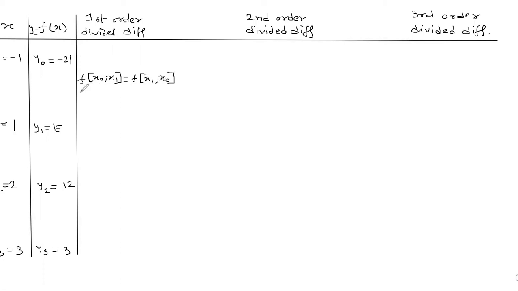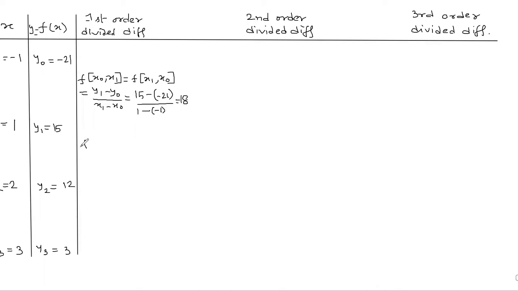We can calculate it as y1 minus y0 divided by x1 minus x0, which is equal to 15 minus 21 divided by 1 minus minus 1, which is 15 plus 21 divided by 2, which is equal to 18.